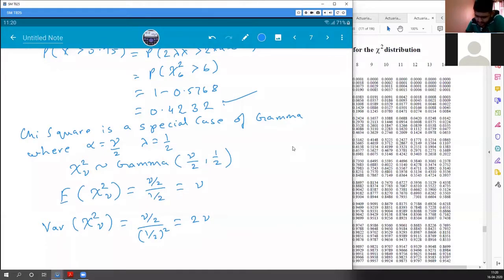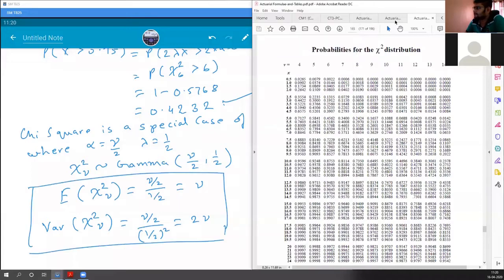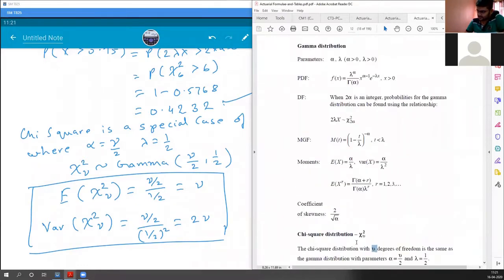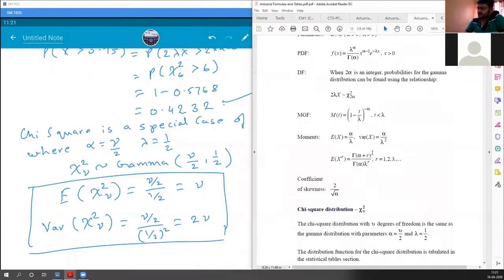Again, these are given in the table book, I think page number 12. We have gamma distribution here and chi-square distribution. This is a chi-square distribution with degree of freedom nu, which is the same as gamma distribution with parameter nu by 2 and 1 by 2. All you have to do is substitute these values in the gamma distribution to get your expected value and variance.